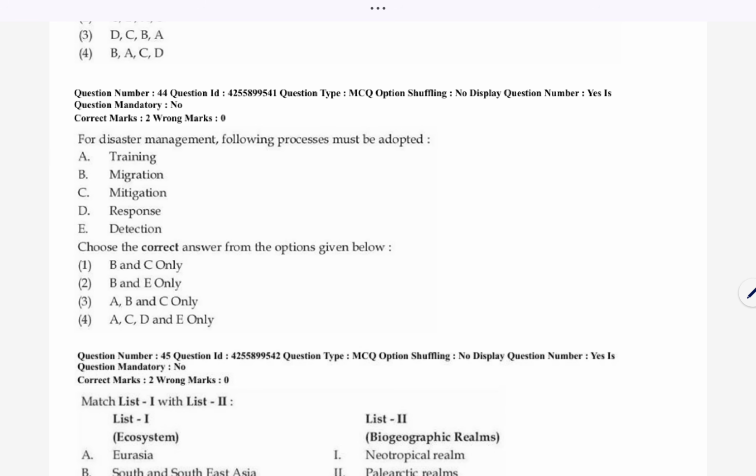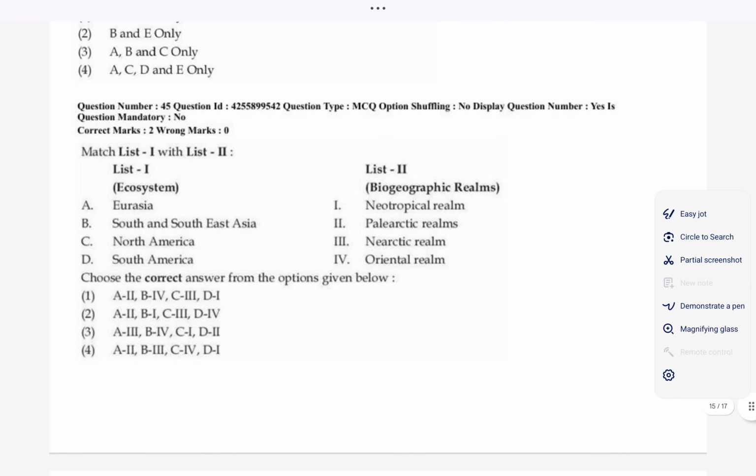Okay. Next, question number 45. Match the following: Eurasia, South and Southeast Asia, North America, South America. Eurasia is Europe plus North Asia, that is the Palearctic realm, so for A it is 2, which means the third option cannot be the answer.